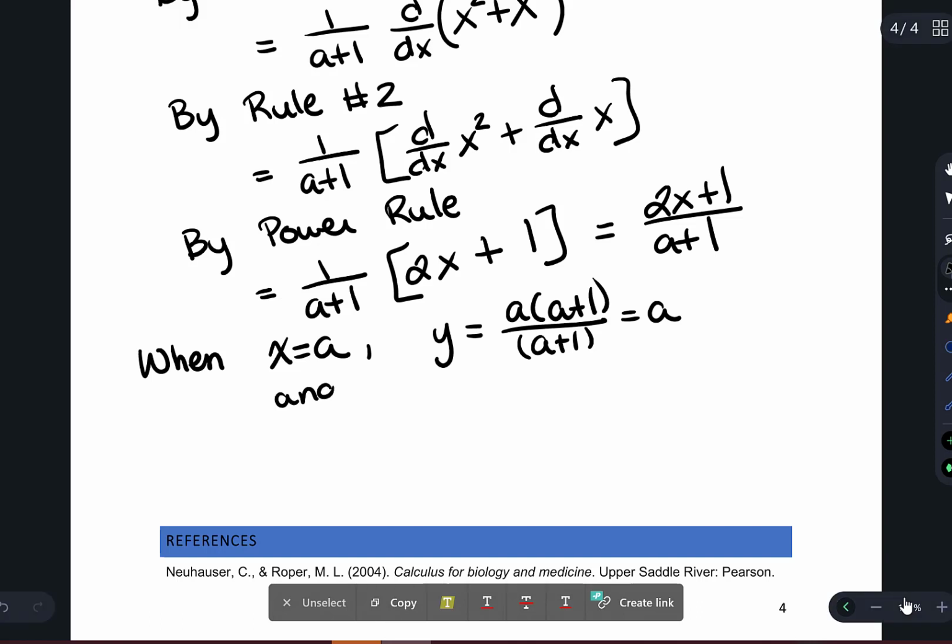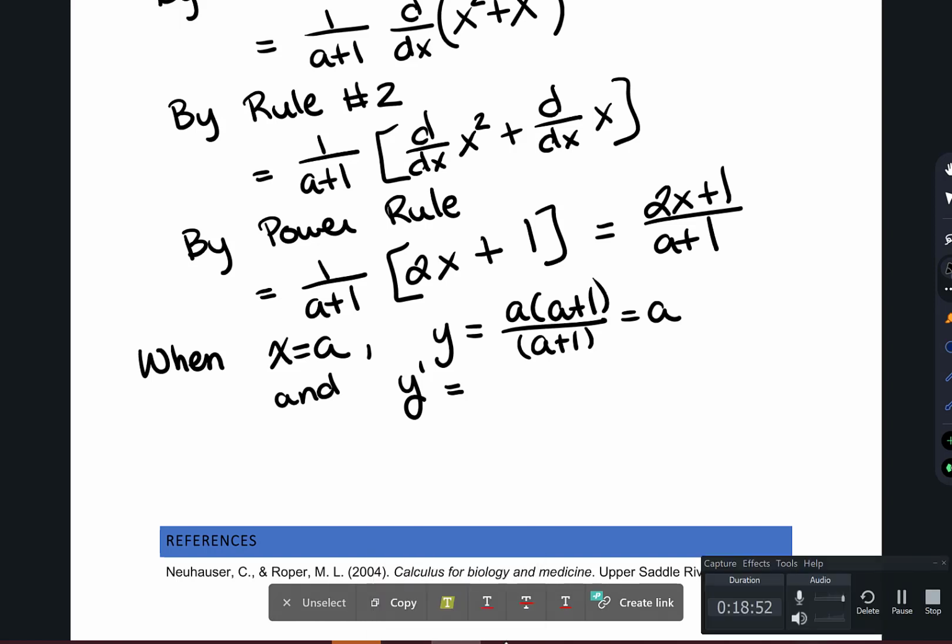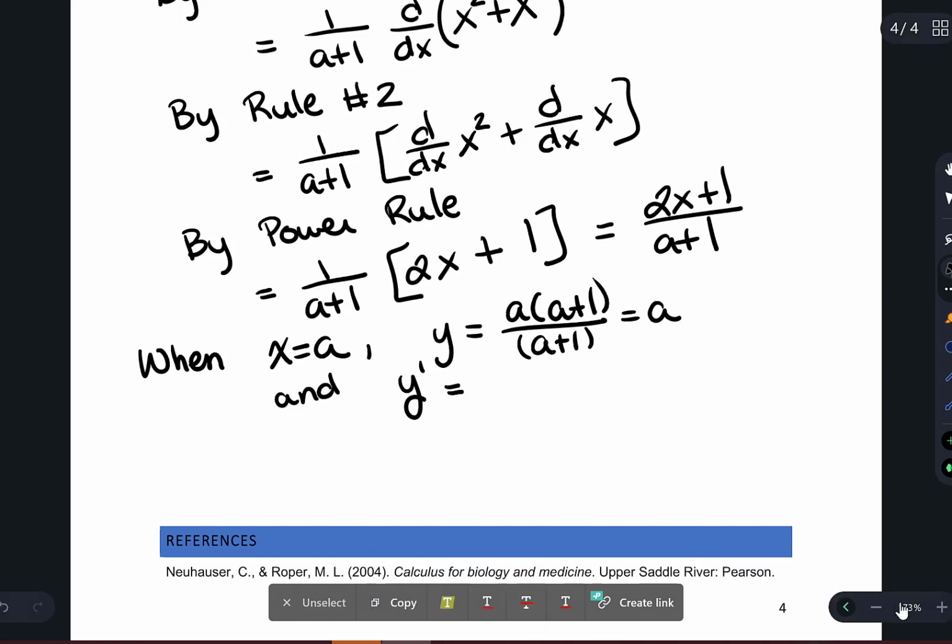And evaluating y prime, or evaluating the derivative, is going to be equal to 2 times a plus 1 over a plus 1.